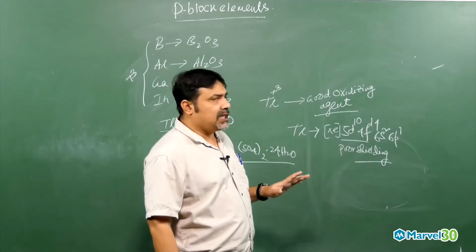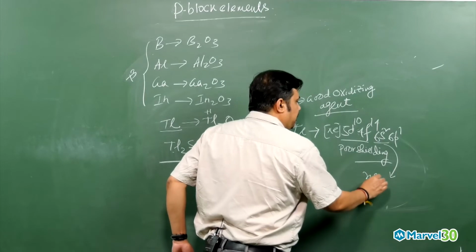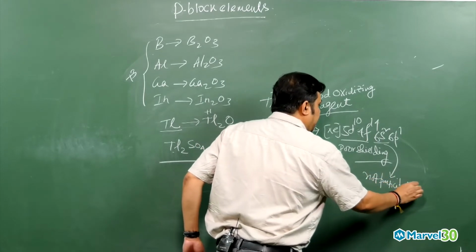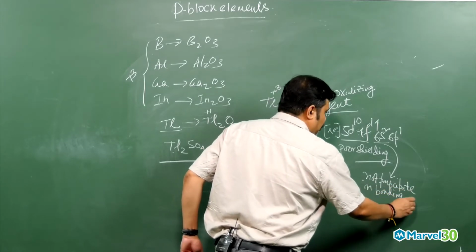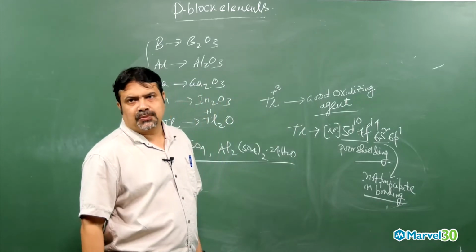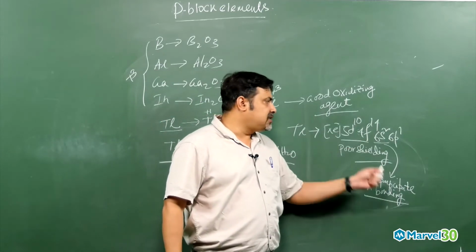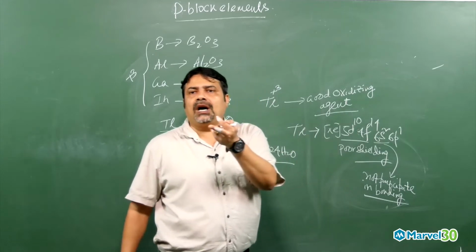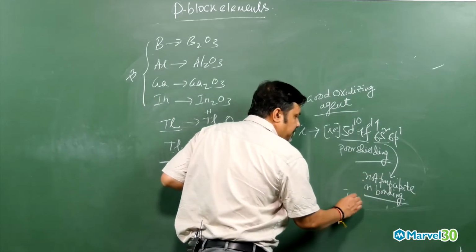Out of these, the 6s2 electrons will not participate in bonding. Because of the poor shielding, 6s is closer to the nucleus and experiences more force of attraction by the nucleus. So 6s2 will not participate in bonding. Rather than the +3 oxidation state, it will show the +1 oxidation state, and this phenomenon is called the inert pair effect.